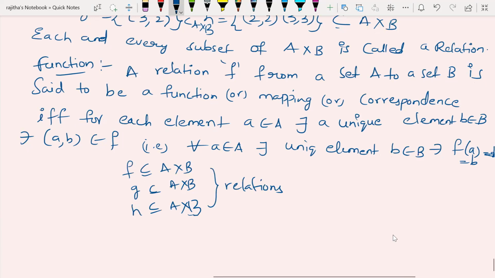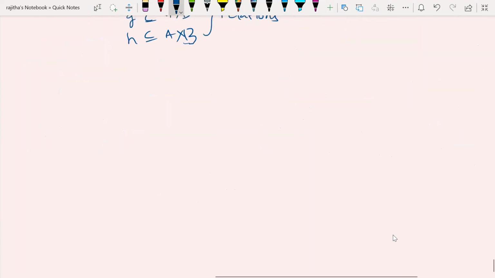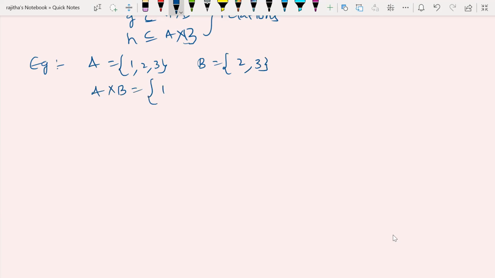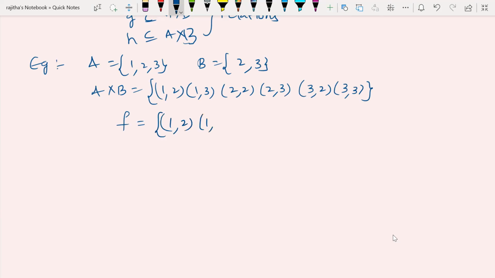Okay, let us consider one small example. A is equal to {1, 2, 3} and B is equal to {2, 3}. So you know A cross B is {(1,2), (1,3), (2,2), (2,3), (3,2), (3,3)}. Consider one of the following relations, say F is equal to {(1,2), (1,3), (2,3)}.